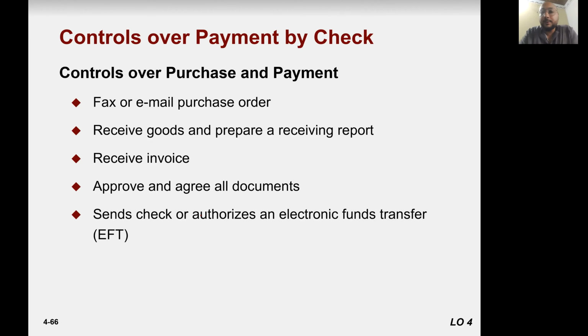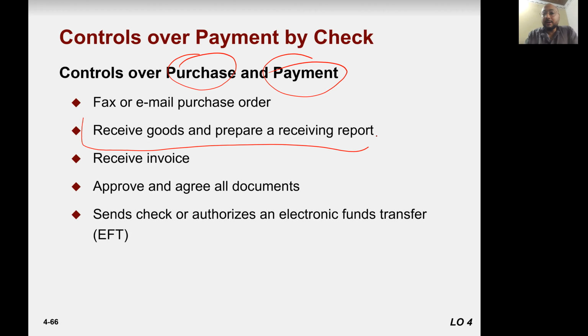So we just successfully completed electronic funds transfer, and now our purchases and payments. When you want to purchase, remember the person who is handling the goods must be separated from the responsibility of those who pay the suppliers. A purchase order must be made.